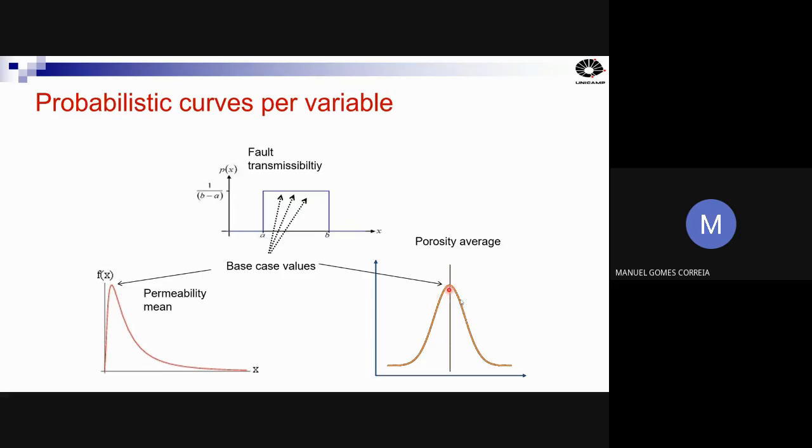It picks some point of these distributions, and then it combines them. These are only 3 examples, okay? Normally, for porosity average, the uncertainty follows a normal distribution. Permeability is a log normal distribution. Fault transmissibility is a linear distribution. Then it combines all these uncertainties and generates one image, okay?